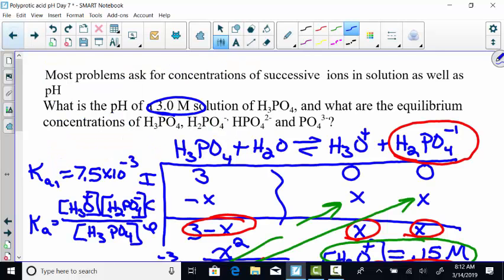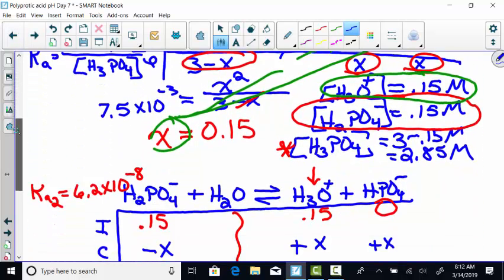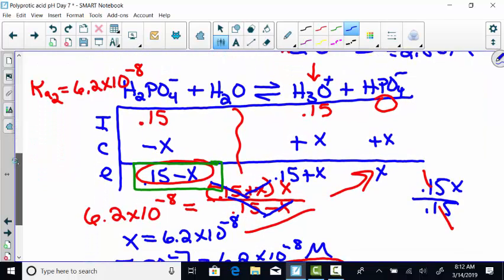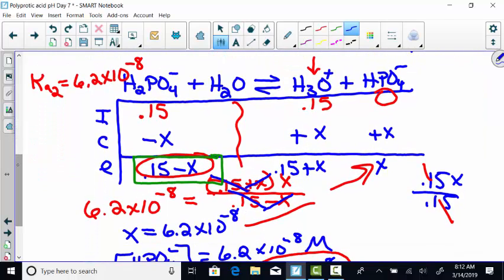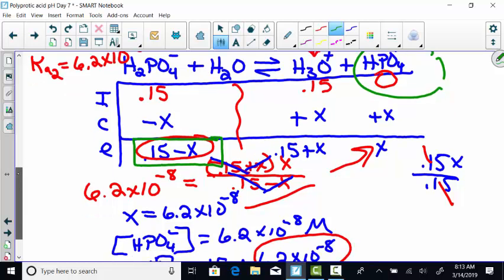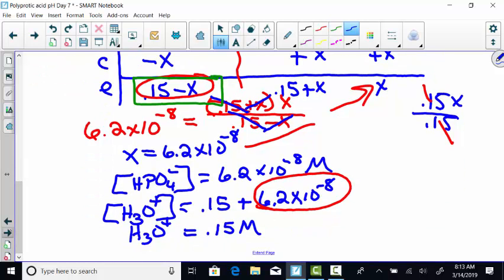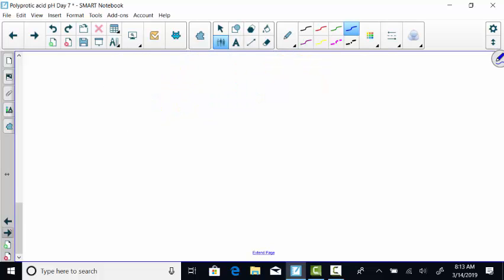Now, there's more fun, because I still have this ion left. So that means I have yet a third ICE chart. So now I just have to create a third ICE chart with this ion.